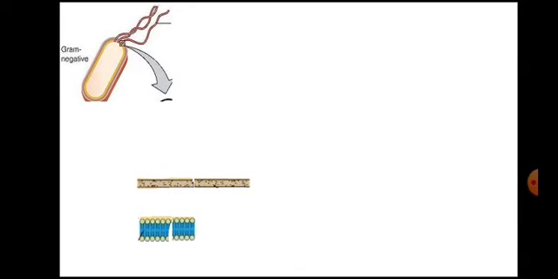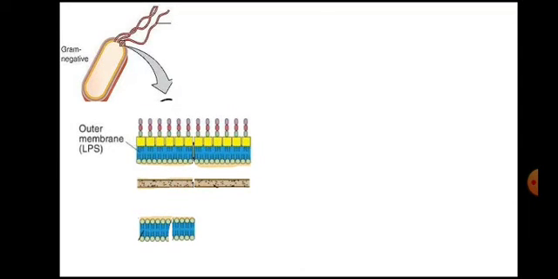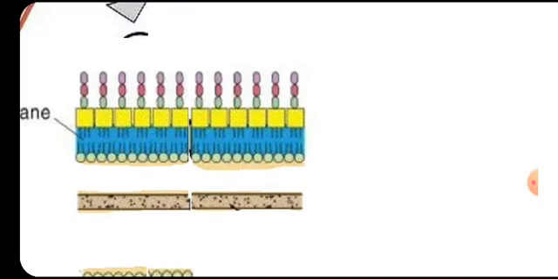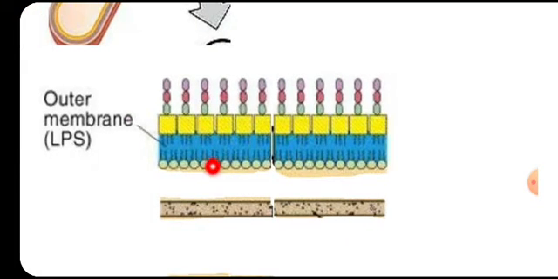So this is the layer of peptidoglycan here, a low concentration of peptidoglycan. Gram negative bacteria contain one more layer external to this peptidoglycan, called the outer membrane. This outer membrane is made up of phospholipids and a component called lipopolysaccharide, that is LPS.